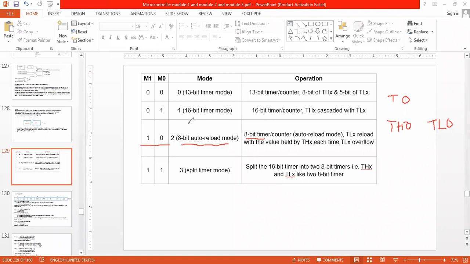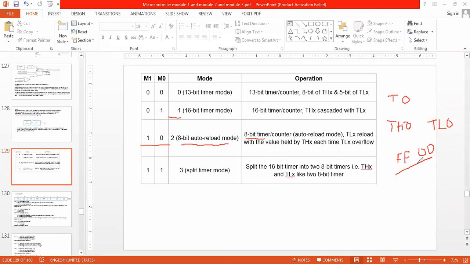Now, if I go for mode 1, what is mode 1? It is a 16-bit timer counter. So say 2500. I will not take 25, I will take F00.